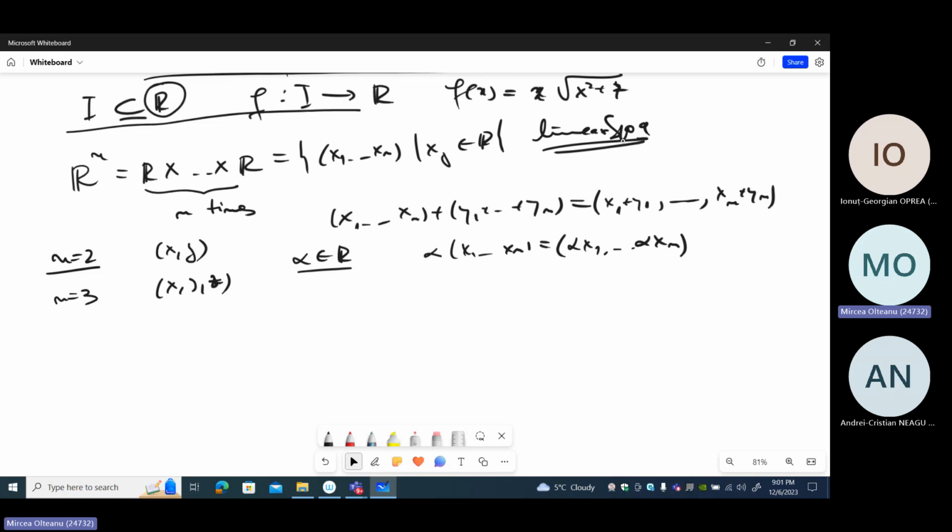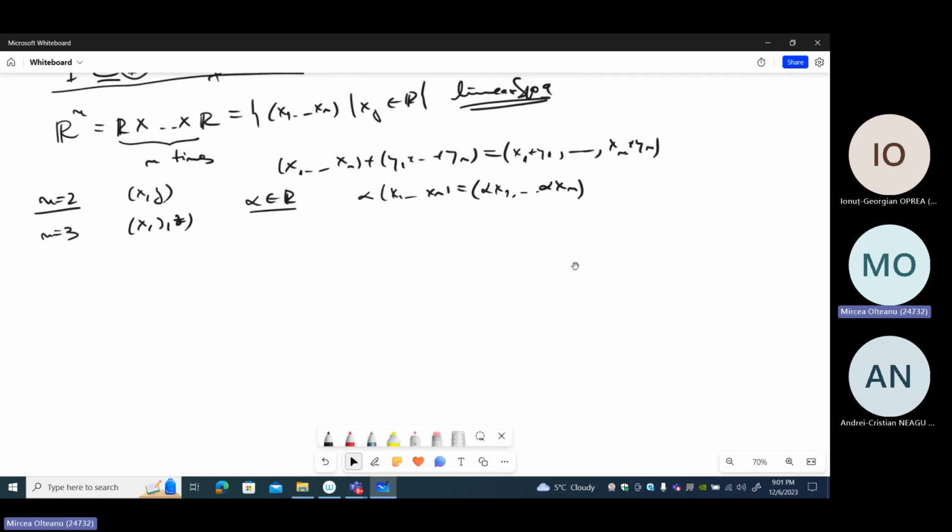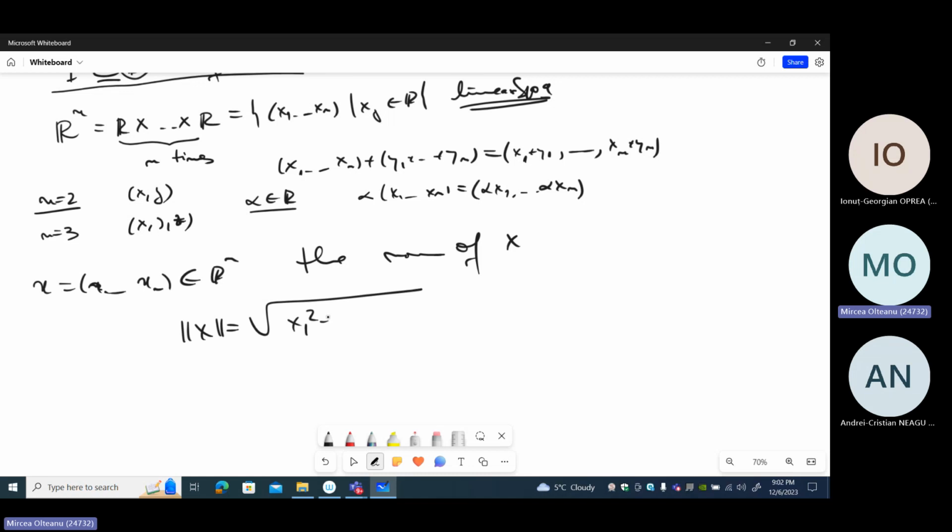And the exact definition you have in linear algebra. We shall use this. Now, the basic fact here is that if x is an element in R^n, its norm, the norm of x, is given by the following expression: the square root of the sum of the squares of its components.